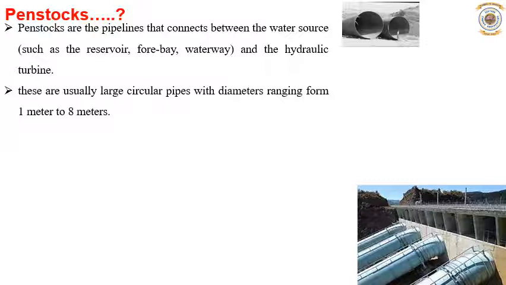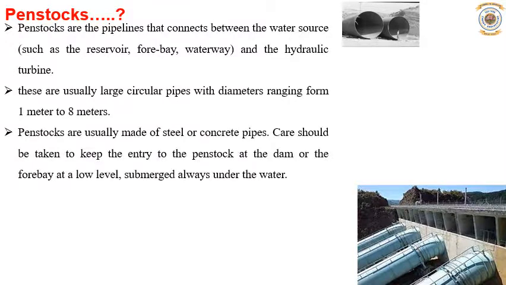But you can see the diameter, so you can imagine the size of the penstock. Penstocks are usually made of steel or concrete pipes, and you should take care to keep the entry to the penstock at the dam or the forebay at a low level, submerged, always underwater.